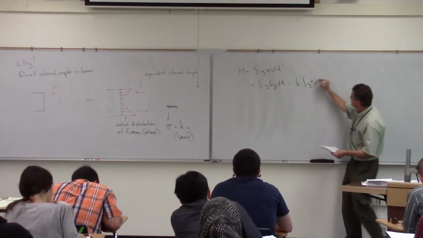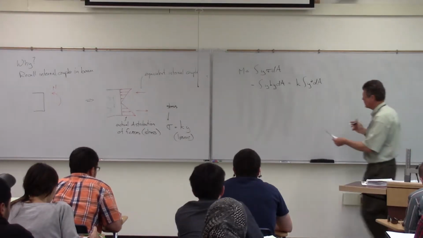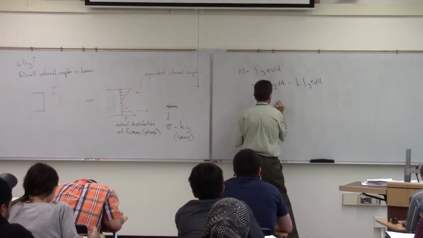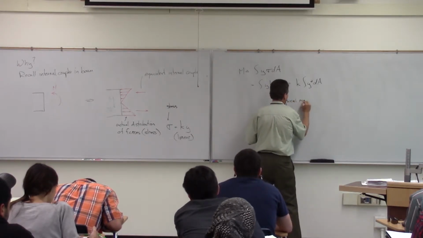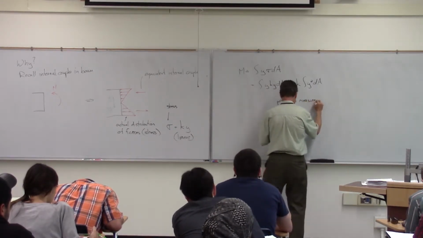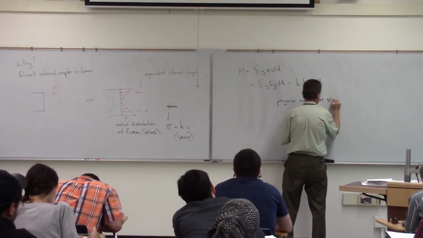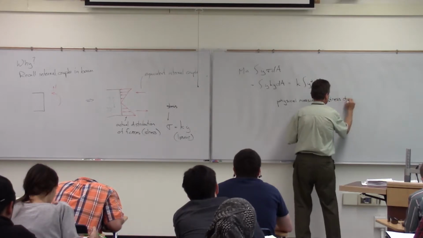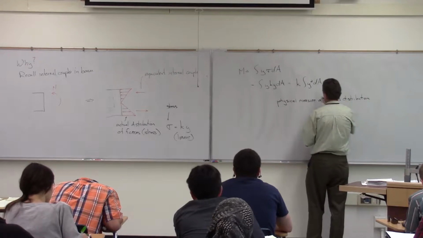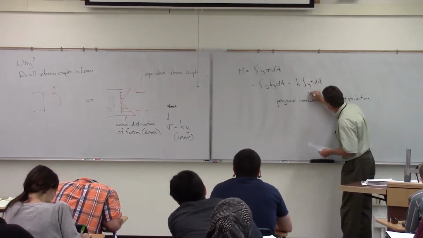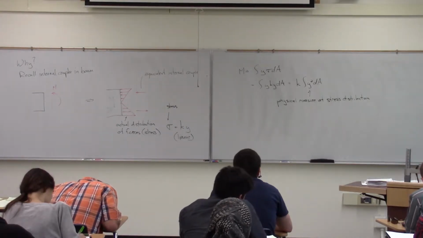So again, we end up with this magical little term, the y squared dA, which is basically going to help us, which is basically going to be a physical measure that we can measure on any piece of material.